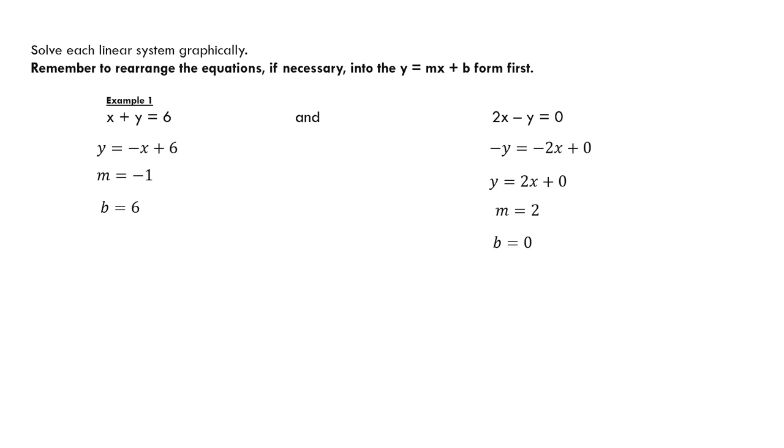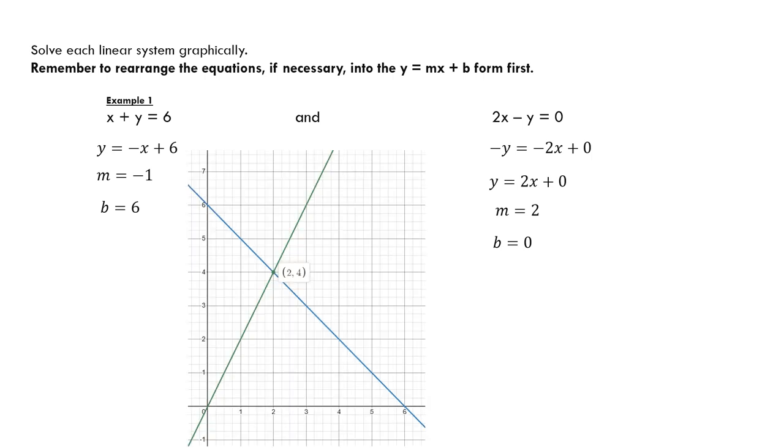We now have enough information to graph the two equations, and when we do, we see that they intersect at the point (2, 4). So we can say that our point of intersection is (2, 4), or our solution is (2, 4).